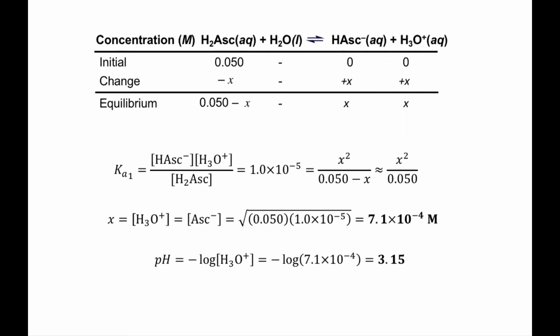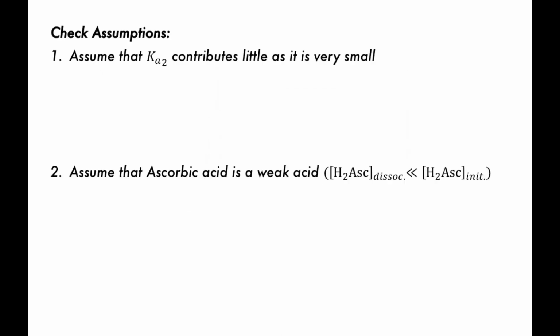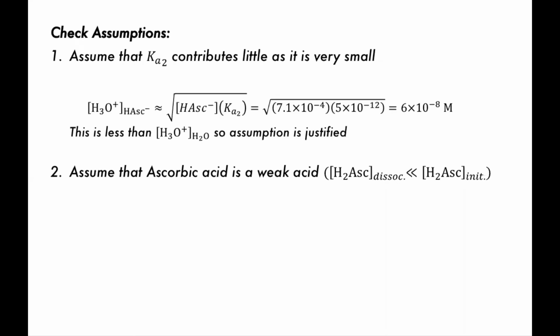We have assumed, of course, that Ka2, the second deprotonation, is effectively irrelevant. So we now need to check our two assumptions. The first was to assume that Ka2 contributes little, as it is very small. And so we see here that the hydronium ion concentration from the second deprotonation step is going to be equal to the square root of the concentration of H ascorbate times Ka2.